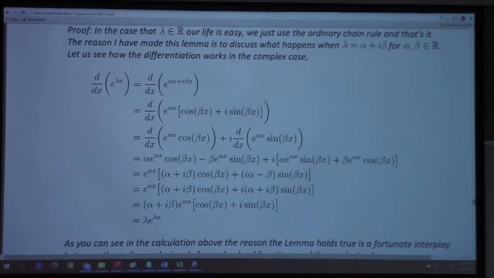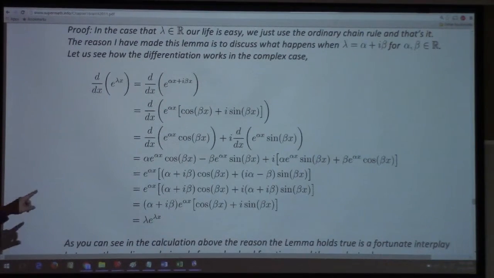So by definition of how we differentiate such things, you take the derivative of the real part and then take the derivative of the imaginary part separately. That's a product, and that's a product. We got to do product rule 2 times. And everything needs the chain rule. You pull out an alpha, you pull out a beta, you pull out an alpha, you pull out a beta, 4 chain rules, right? There's a minus from differentiating the cosine, but nowhere else is there a minus. That minus is important.